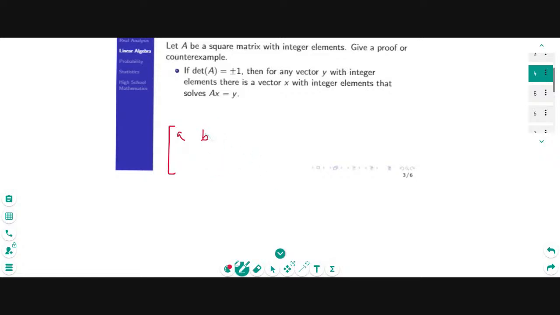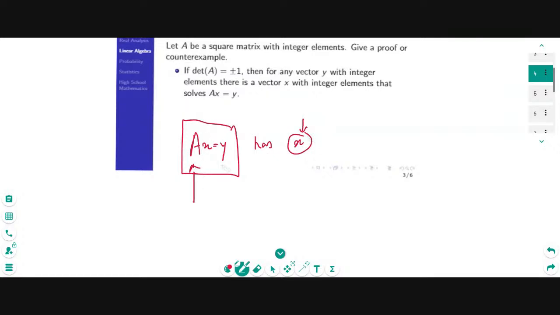So it's asking whether Ax = 0 has an integer solution or not, that is, whether X belongs to Z to the power n, integer coordinates or not. That's the question, guys.